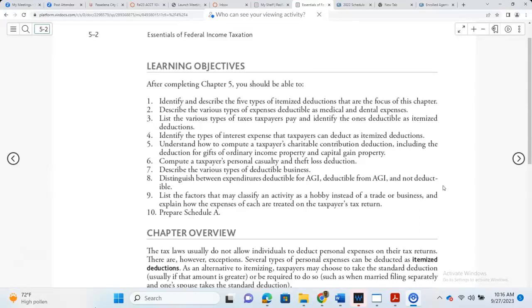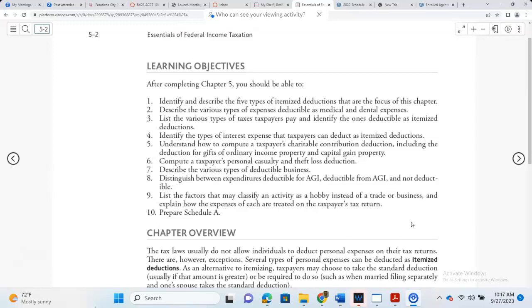Your software will normally use the highest one. You don't need to force it unless you want to force itemized deduction. Then you have to check the box to force the software to use itemized deduction. Other than that, the software will decide which one is best for you.